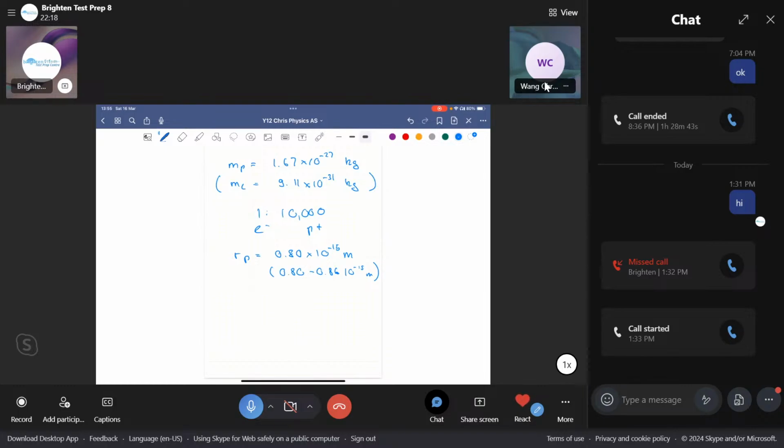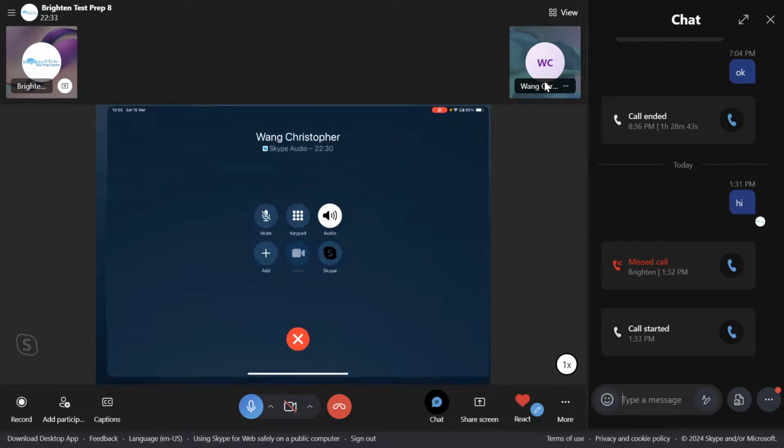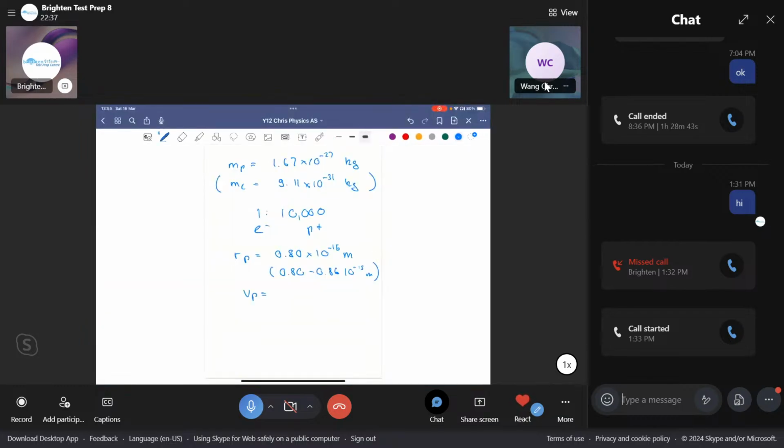Okay, so now what is the volume of the proton then? What would be the formula for the volume of the proton? Just the basic formula for the volume from geometry. I think it's 4/3 times r cubed times pi.